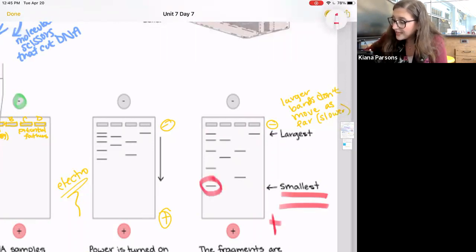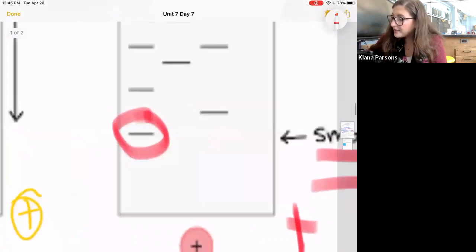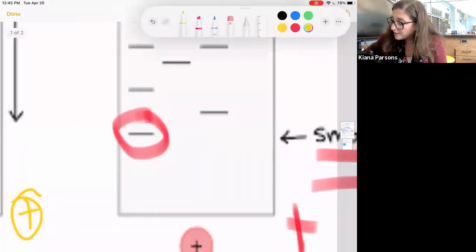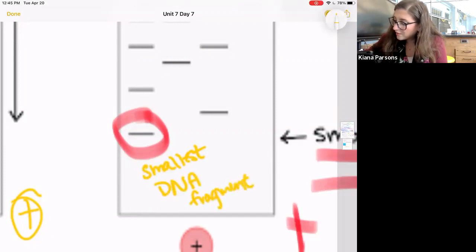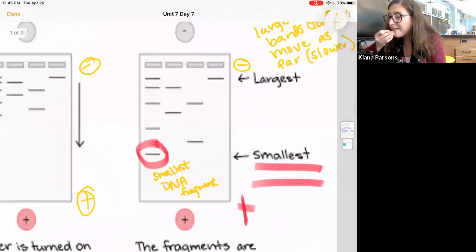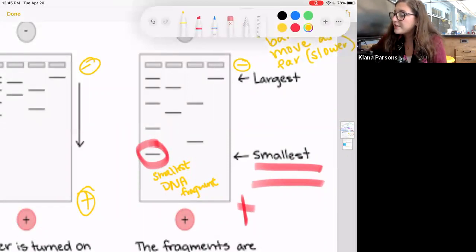So this is the smallest DNA fragment. And looking up here, this is the largest.